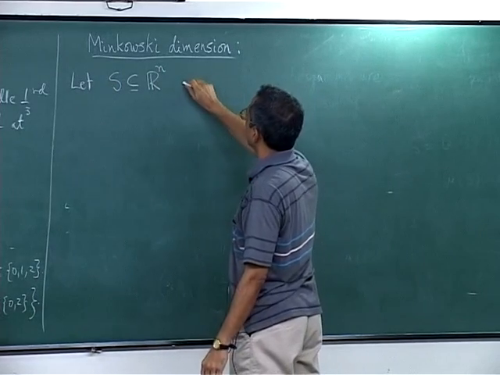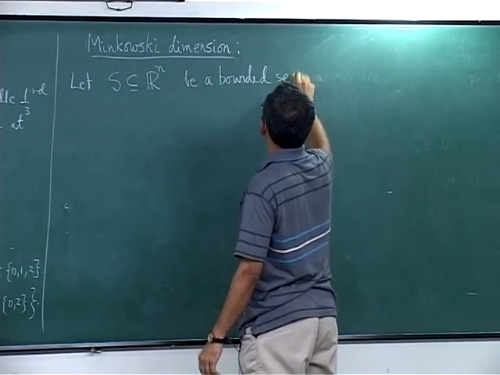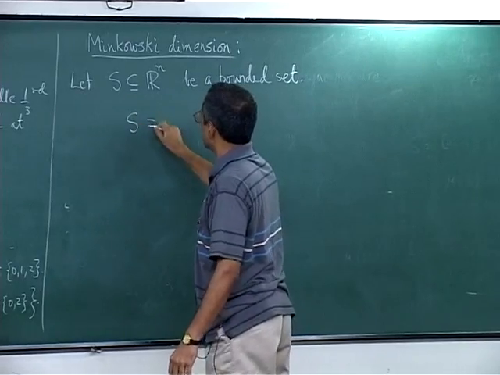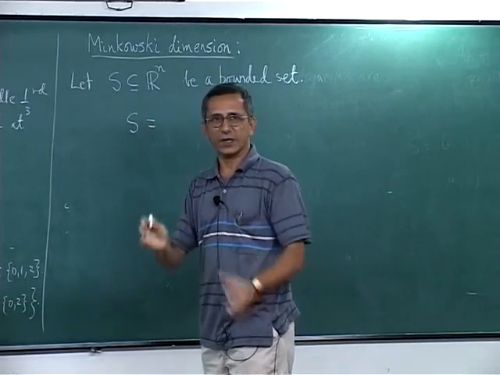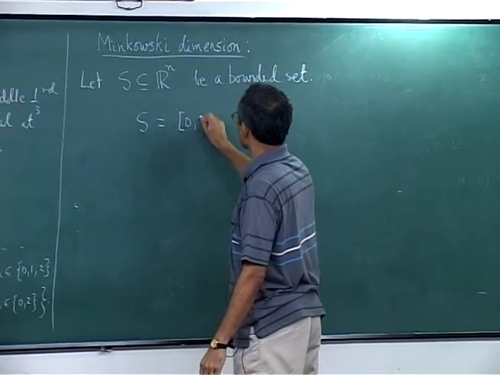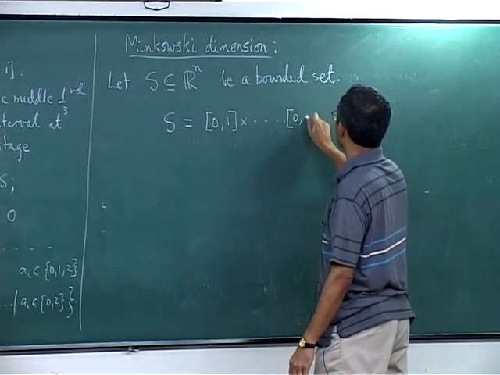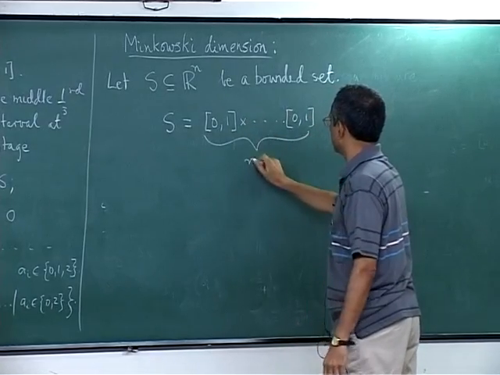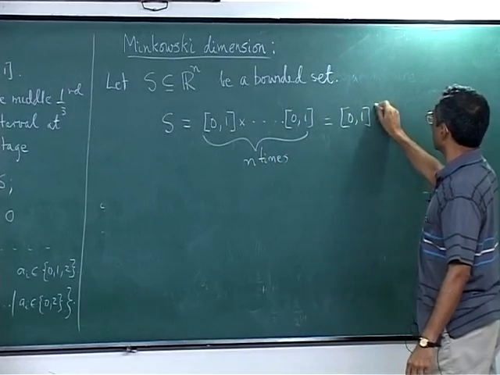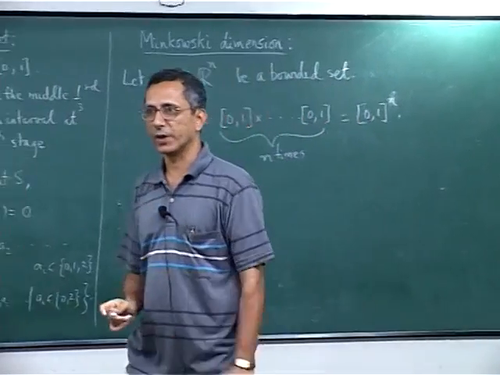So let S contained in Rn be a bounded set. So a typical bounded set for us is the unit cube in Rn sitting in the first quadrant. How do we describe it as a set? So let's say S is [0,1] to the power n, and this is n times. So that's the Cartesian product of [0,1], n times, the unit cube.